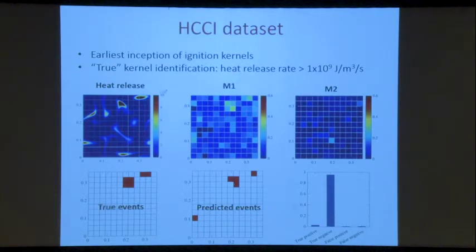Then using the detection methods in space and in time, M1 and M2, this is what you get for each of the subdomains. The true events of autoignition are detected in these subdomains, whereas the predicted events from this anomaly detection algorithm are given by these red filled-in boxes here and here.